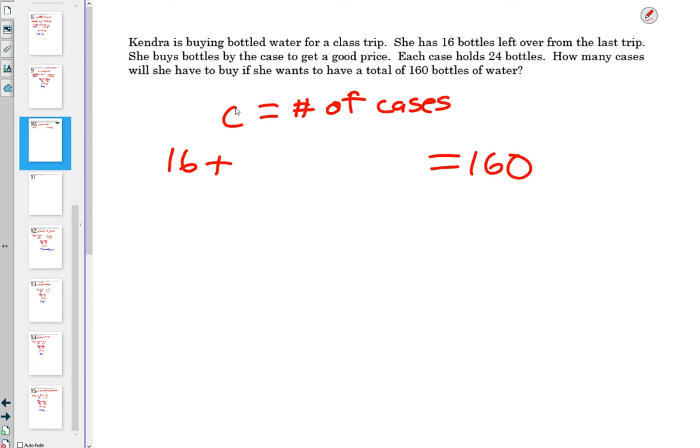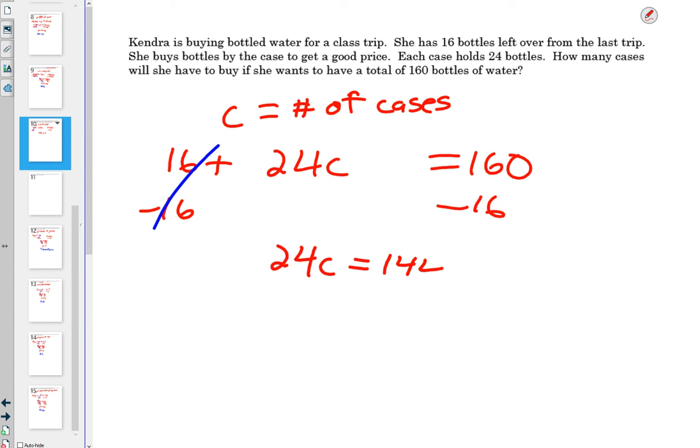Is it 16C? No, there's 16 just random bottles left. What gets multiplied by the number of cases? Yeah, because there's 24 in a case. So minus 16 cancels. 24C. 144.